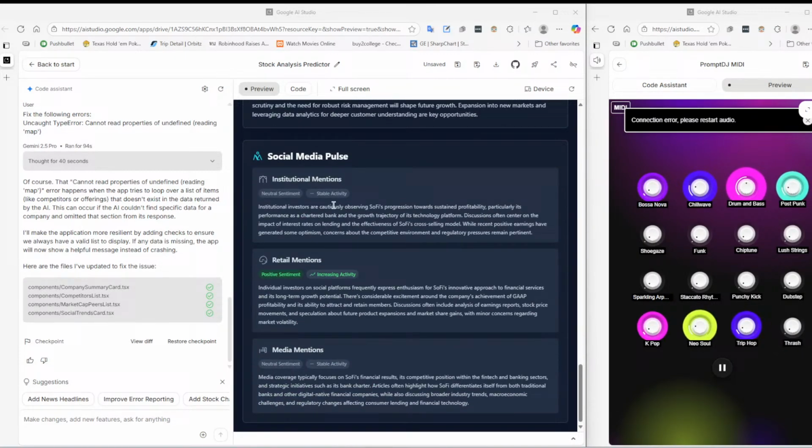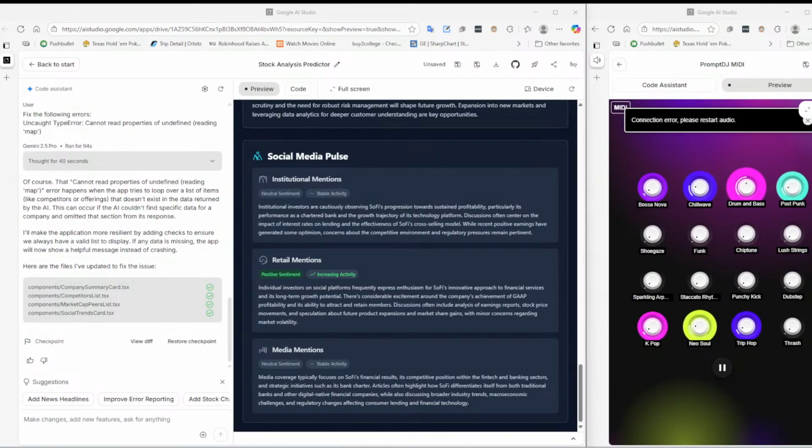All right. So I do get my social sentiment here. So that part does work. So this is the institutional monitors.